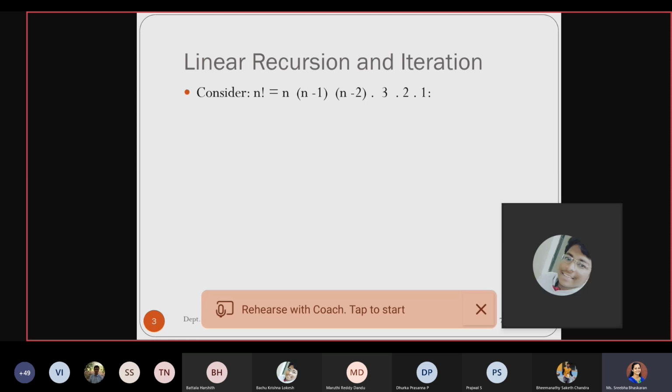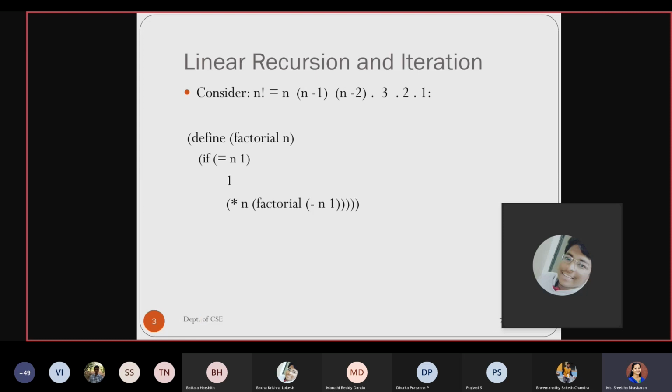That is how we have seen with respect to linear recursion, explained with the factorial example. Usually when we take up the factorial example, we take n into n factorial, right? So n into n factorial is the one which will be taken up.